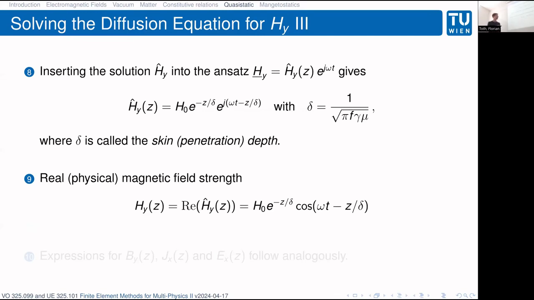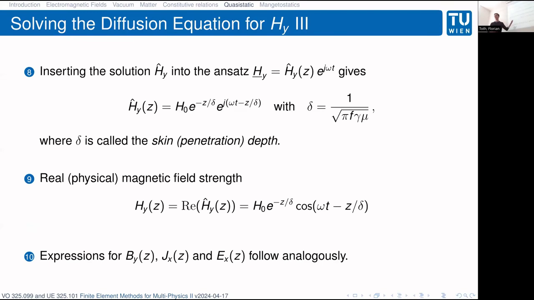And of course, to remind you, the physical quantity is always the real part of these complex valued quantities if you make a complex valued ansatz. So you can write it also as a cosine if you want.